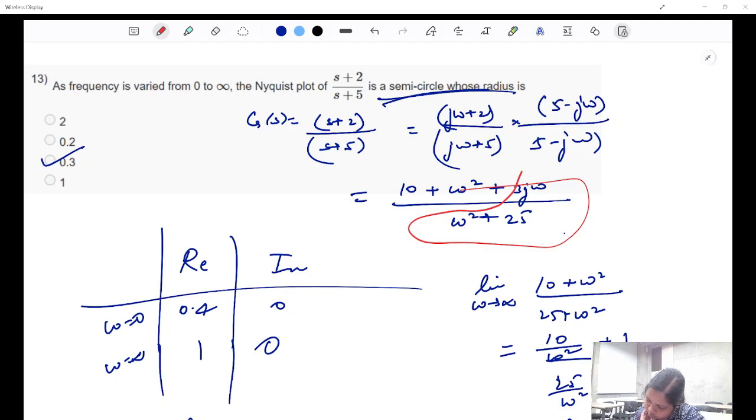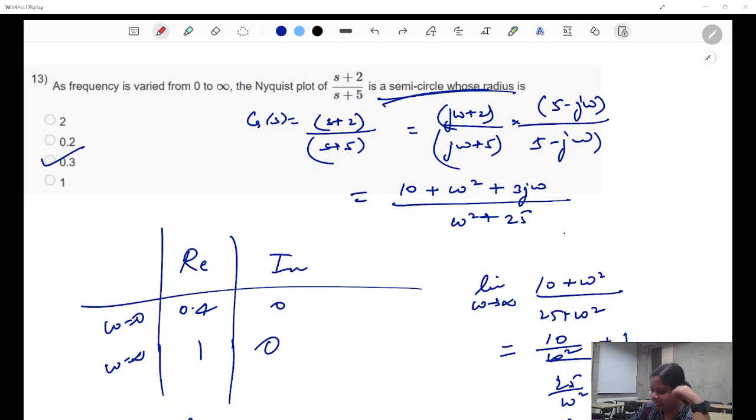Or is there something wrong over here? I think no, this is not the phase. I did it wrong. The phase is the term associated with j upon the term associated with the real part.